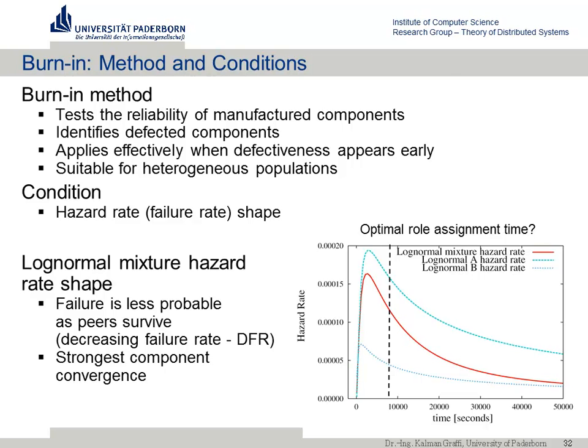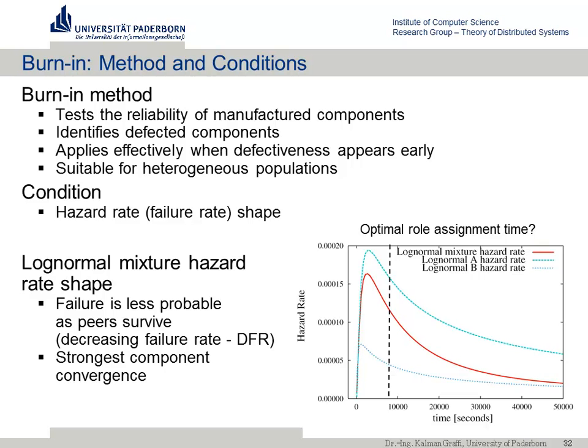And there are also measurements in the internet which show this fact. If you have a node which has already been online for 1 week, and on the other hand a node that has been online for only 1 hour, then it's much more probable that the node which is only 1 hour online leaves the network in the next hour than that the node which has already been online for 1 week leaves the network in that hour.